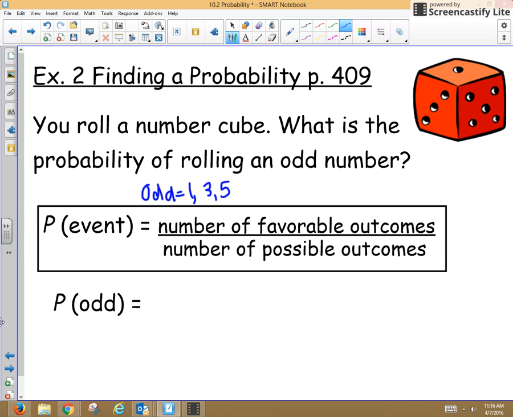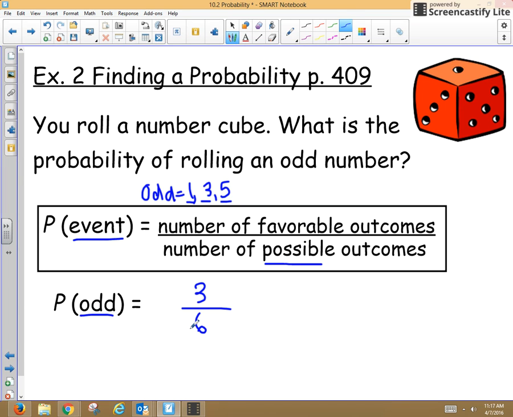So this time, referring back to our ratio here, the probability of the event is now that we're looking for an odd number. That's our favorable outcome. So the number of favorable outcomes is 1, 2, 3 favorable outcomes. The number of possible outcomes is how many numbers are on the cube, and there's a total of 6 numbers on the cube.